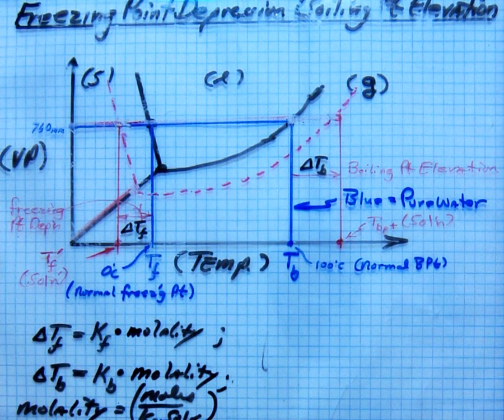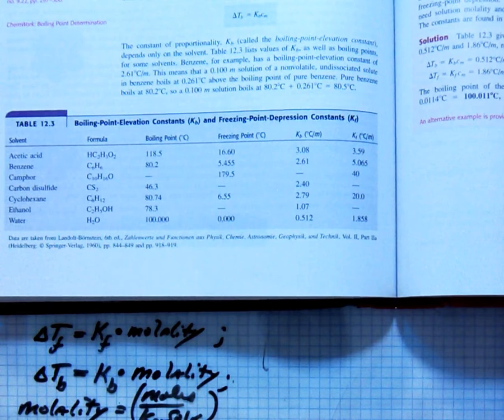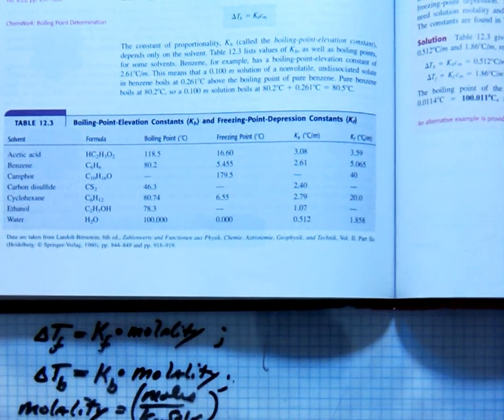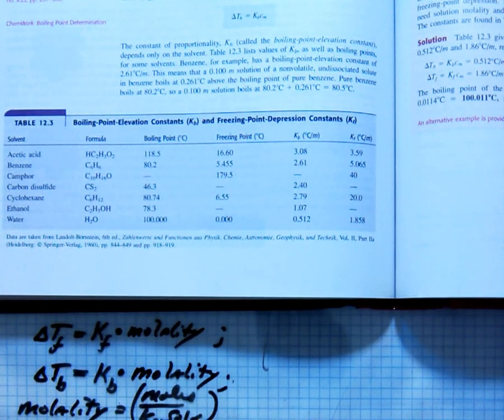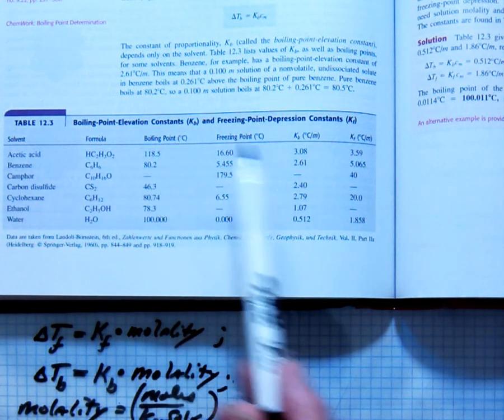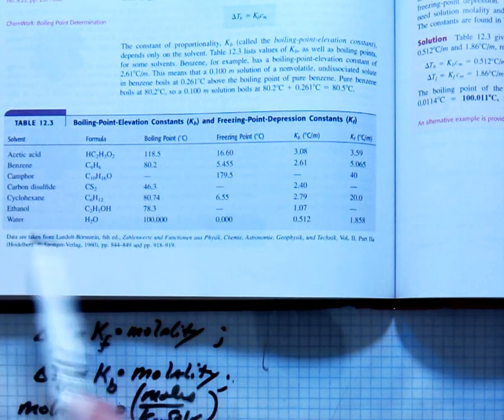Now, different solvents have different changes in freezing point and boiling. I don't know if you can see this or not. This is from the Ebbing text, and let me see if I can focus that a little better. Not too bad. Maybe you can see that. Okay, different solvents have different boiling point and freezing point depression constants out here. So we're working with water.